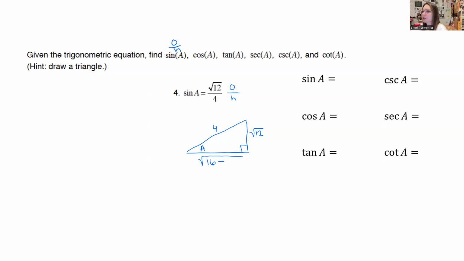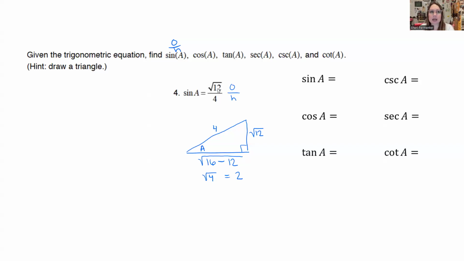What happens when you square a square root? They undo each other, so yes, it is 12. So minus 12, don't overcomplicate things. What's 16 minus 12? So we get the square root of 4. What's the square root of 4? 2. All right. Looks complicated, but actually not that bad.